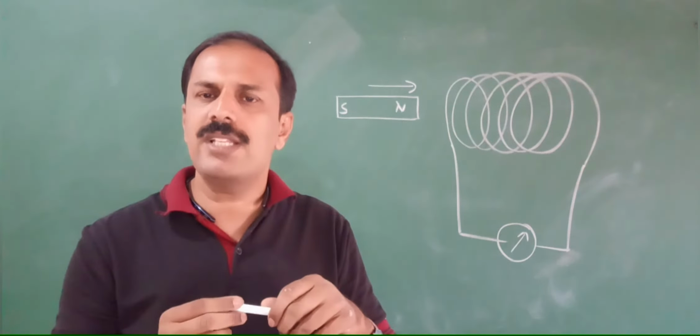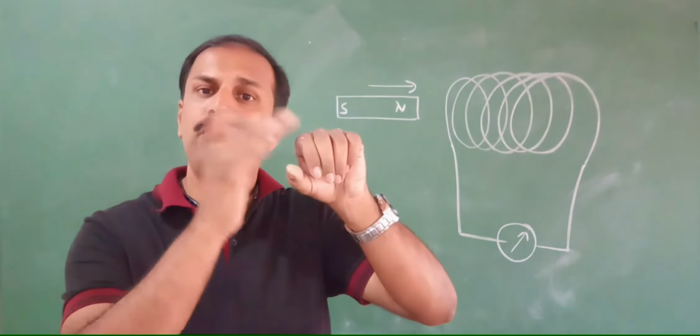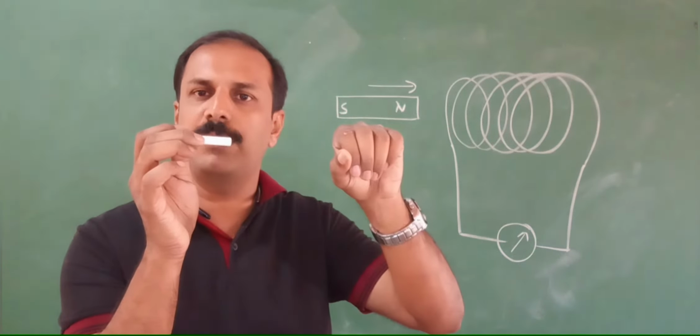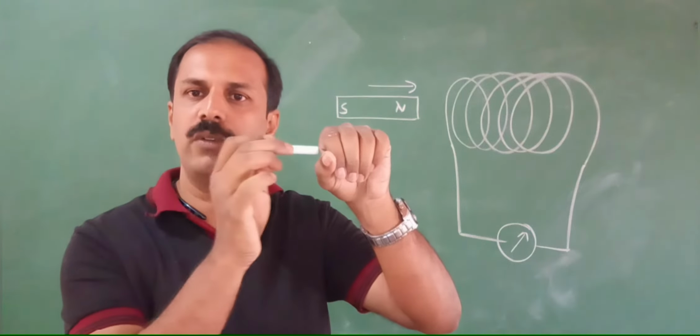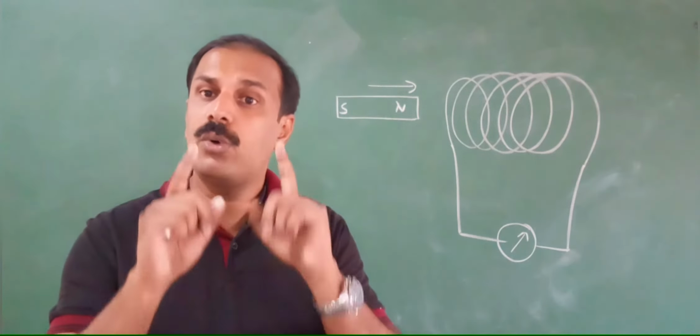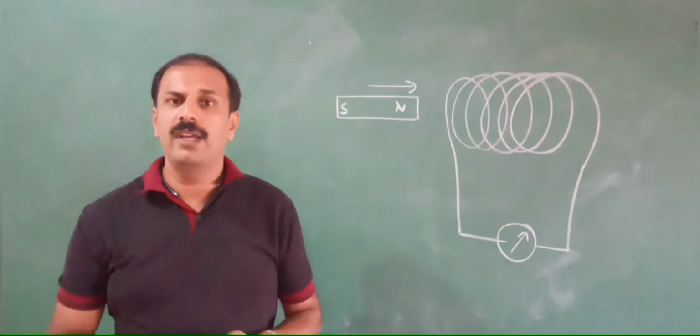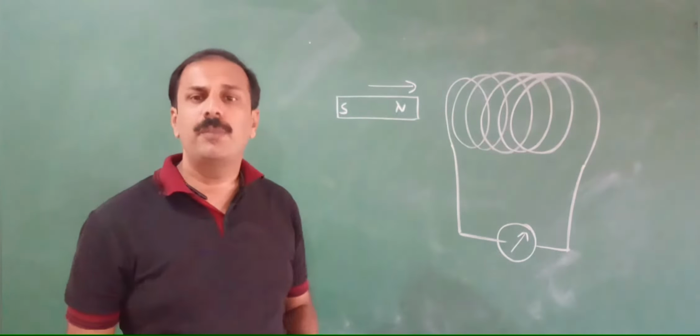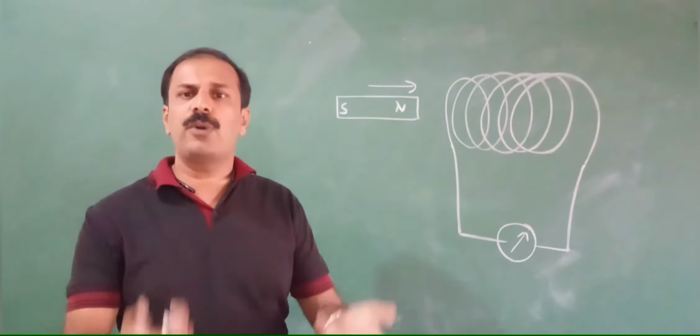Or technically we can say, when the magnetic field associated with the coil is changing, strong here, weak there, so it keeps changing. When the coil is in a changing magnetic field, a current is induced in it. This is a very important thing. A generator produces current like this.